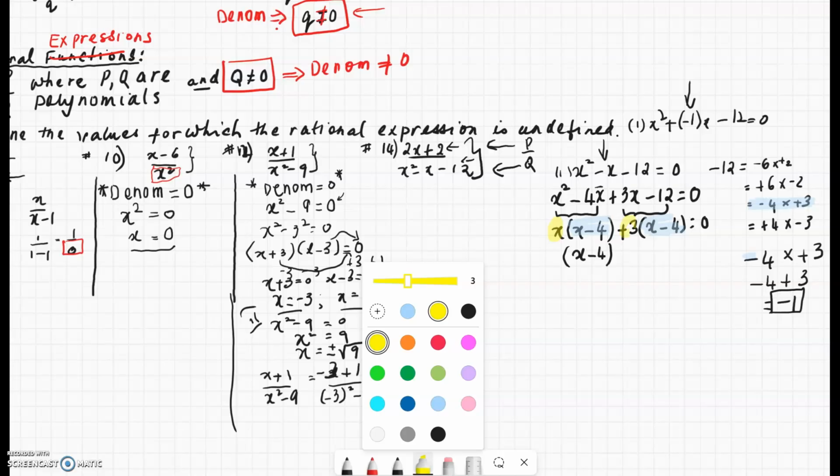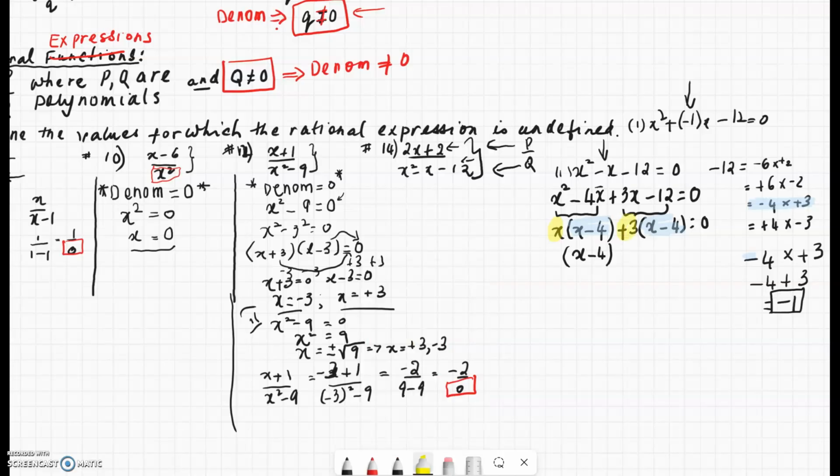x, and take the sign as well, plus 3. So this is equal to x minus 4 factored out, times, what's left over, with the sign, plus 3, equals 0.